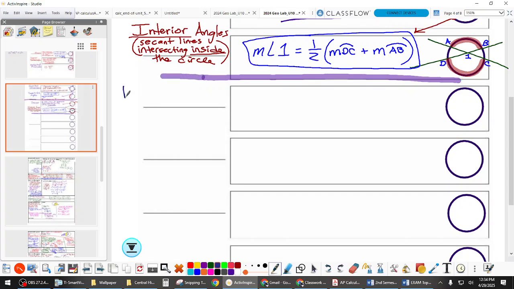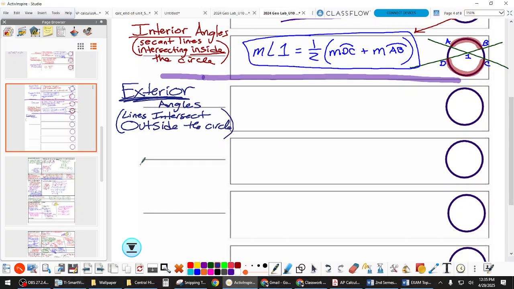So now we're dealing with exterior angles. It's probably worth splitting that from what we just wrote. I gotta write this better, sorry.